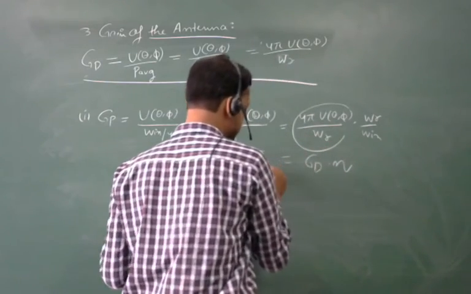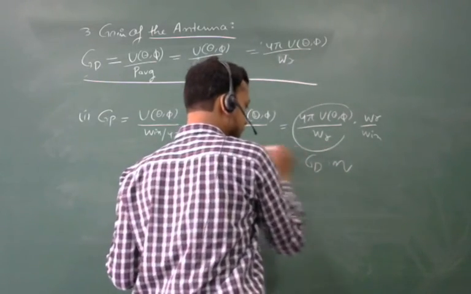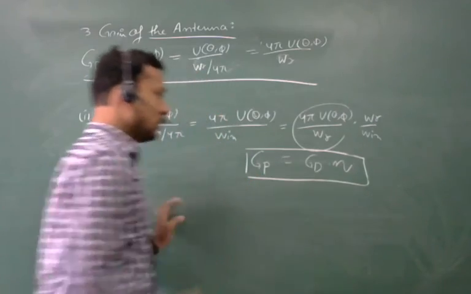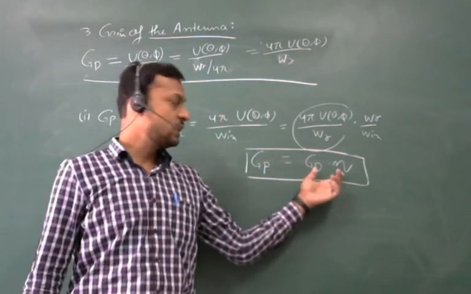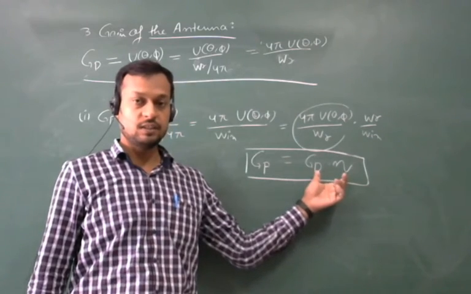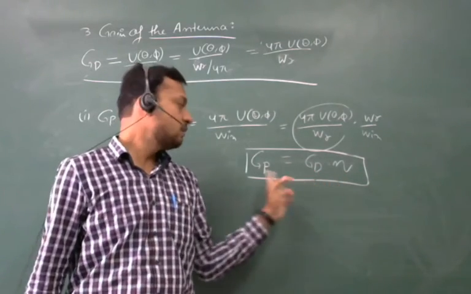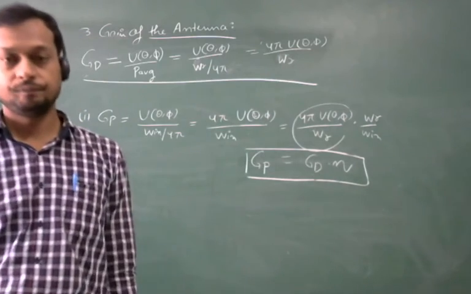So the power gain is the directive gain multiplied by the efficiency.